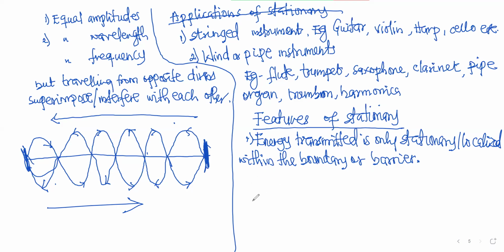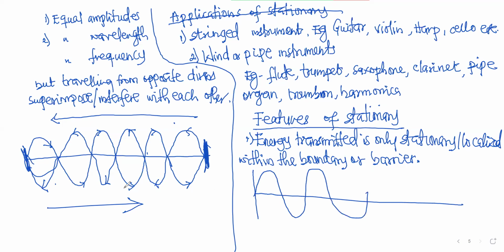Then, you see, in a progressive wave, it is made up of crests and troughs. This is progressive. When you are drawing waves, add aesthetics to your drawing.